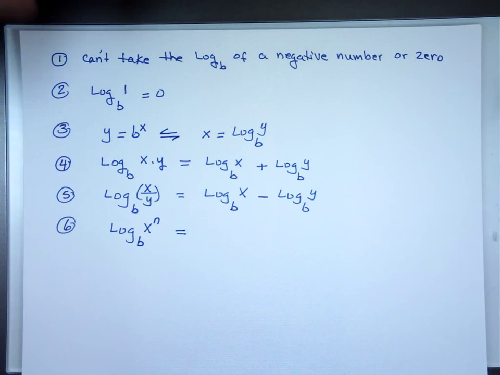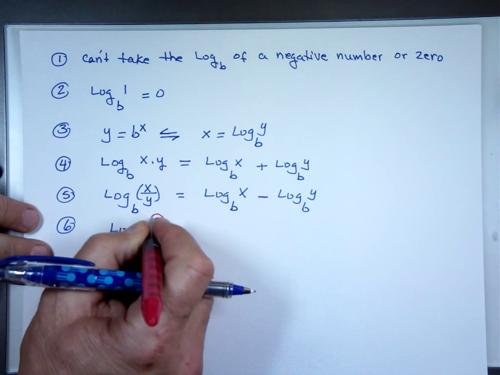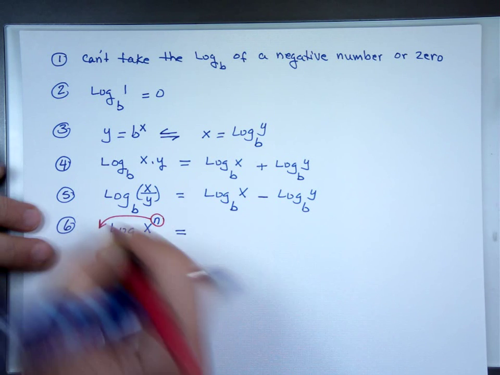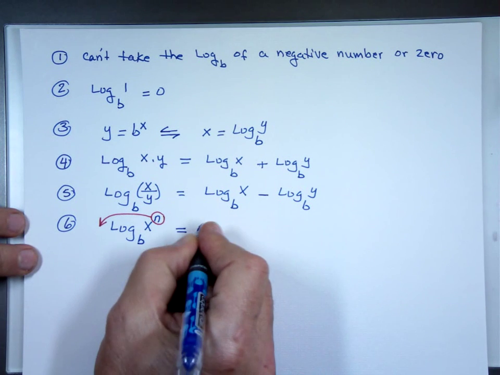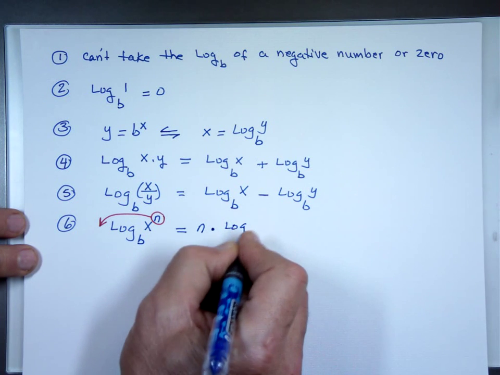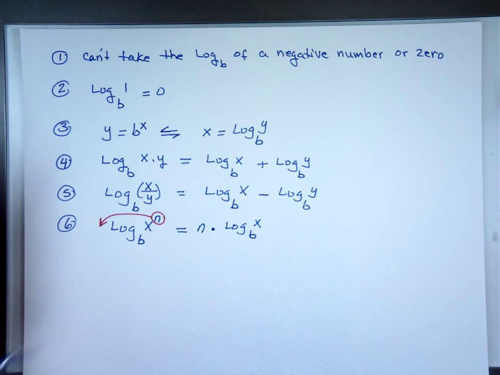But what that means is I should be able to take the power, move it to the front, and make it n times the log of x base b. So these are all the properties of the log in sections 2 and 3.